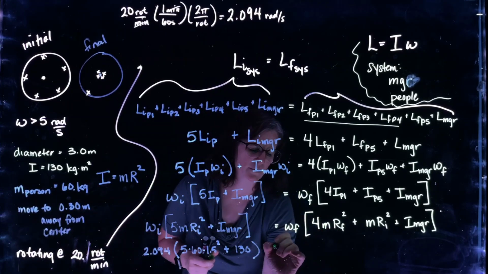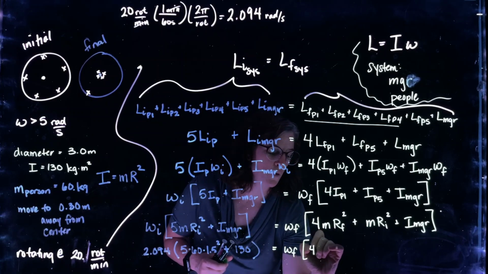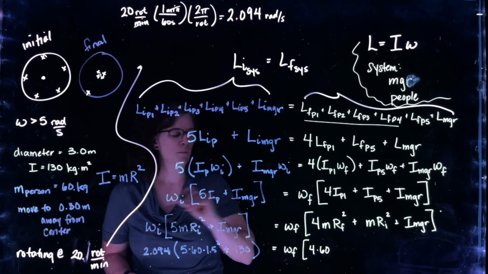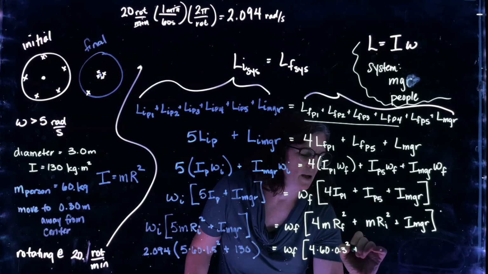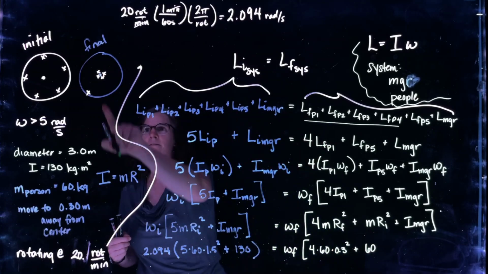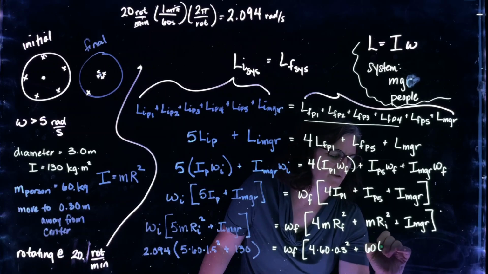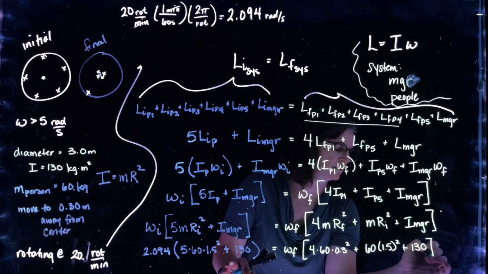That is going to equal our final 4 times 60. What's our final radius? 0.3 times 0.3 squared plus 60 times the original radius, because that guy's out there, times 1.5 squared plus my 130 for the merry-go-round.